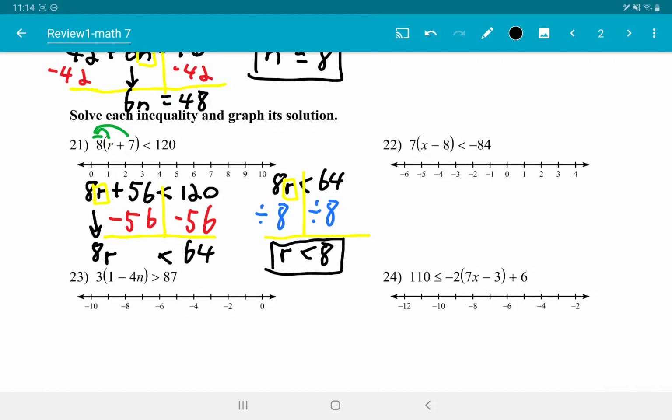Okay. So as far as my graph, since it's just less than, think about it, is it open circle or closed circle? So for this one, it's going to be an open circle. And then am I going to go to the left or to the right? So this one, I will be going to the left.